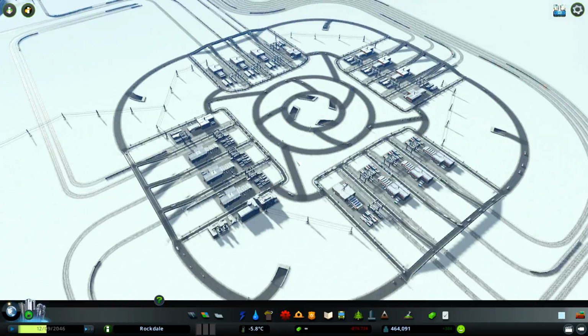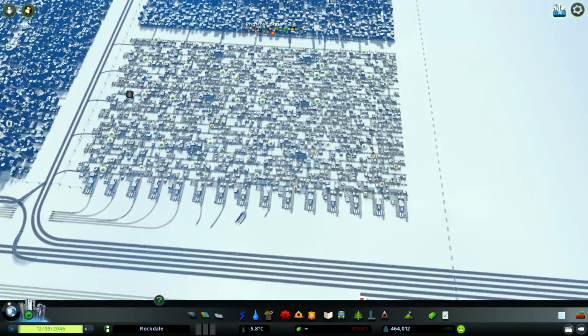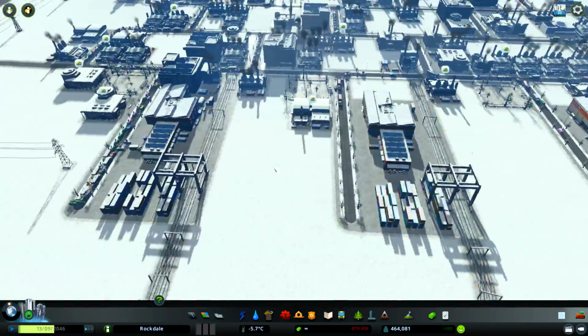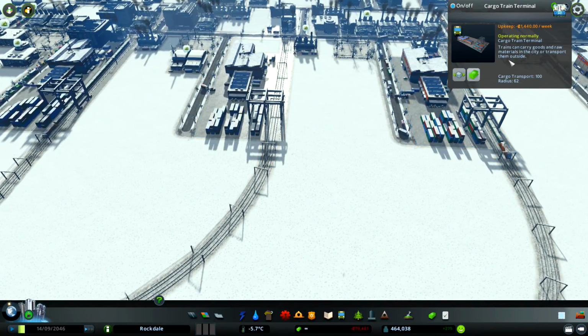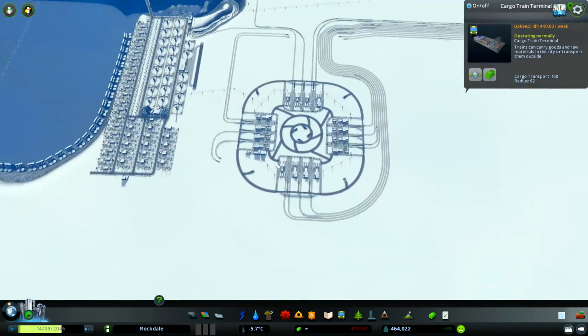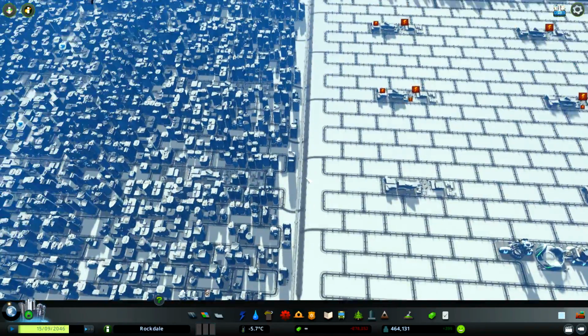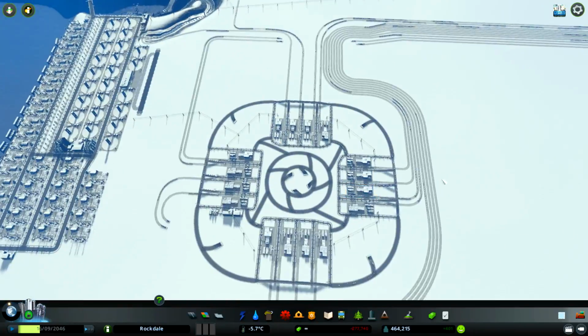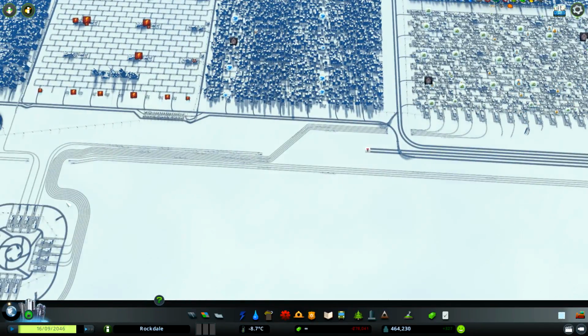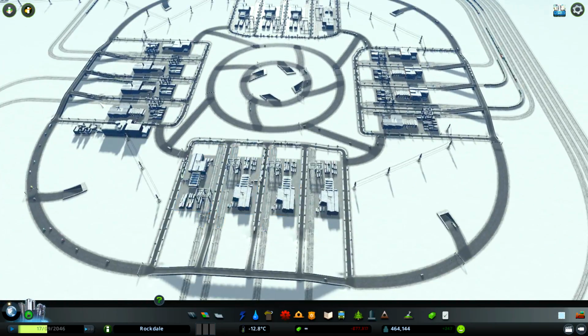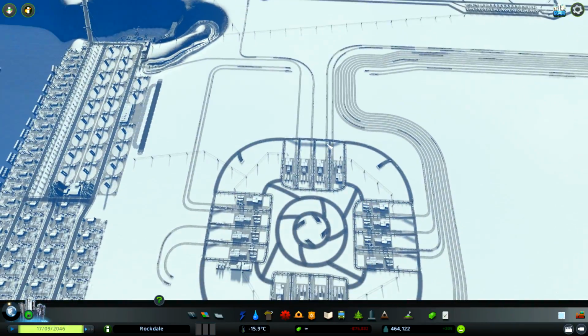So right about now in the video you can probably see some really bad examples of where I'm trying to build this industry transportation hub. This is some of my first attempts and it went really bad. But after some testing I came up with a pretty good design, a layout that works pretty well. It's not perfect, but it is working for now.